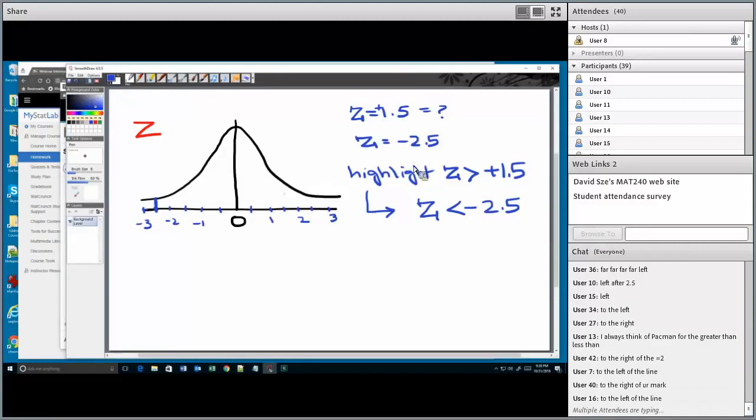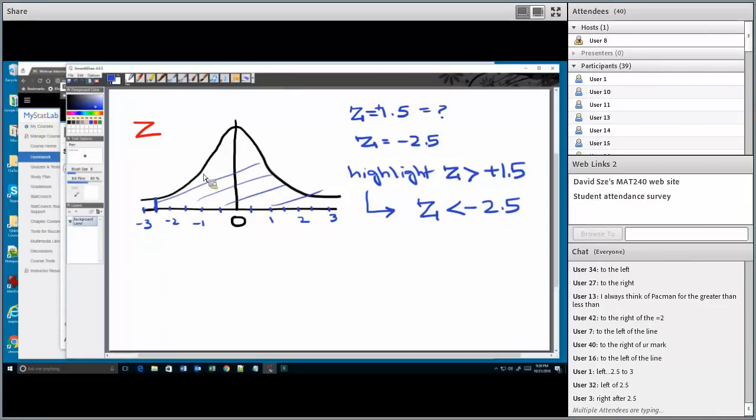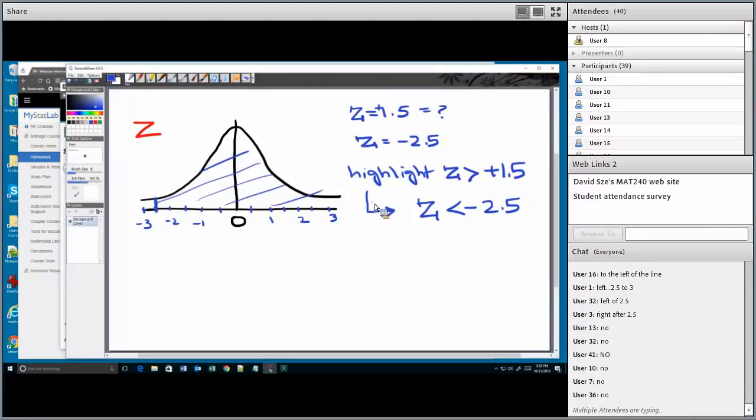Let me take a poll. I want z to be less than minus 2.5. Am I highlighting all this area? Yes or no? No, because here all the z's are greater than minus 2.5, so that's not the area I'm highlighting. Am I highlighting this area? Yes, absolutely right. I'm going to highlight the area to the left, which is less than minus 2.5.